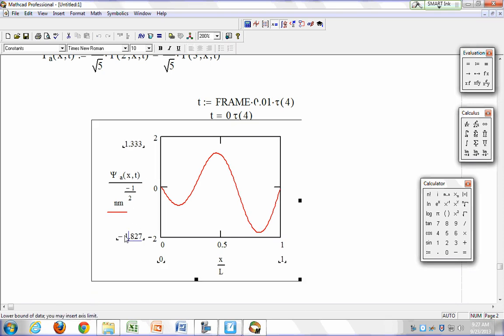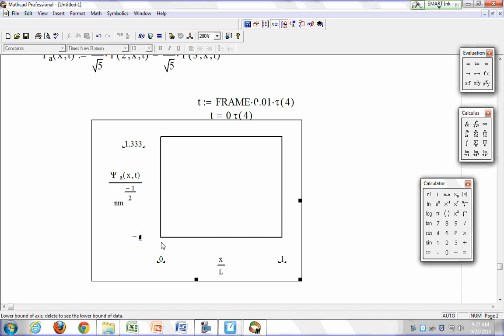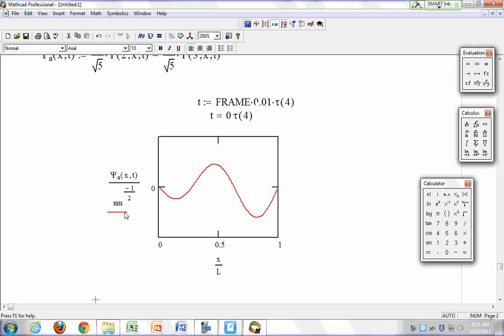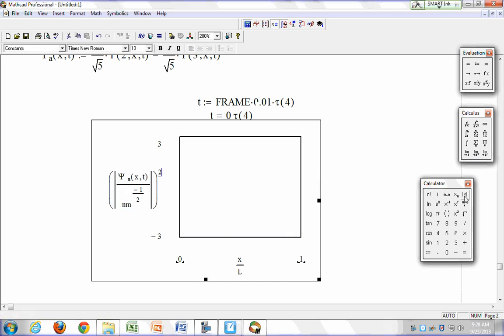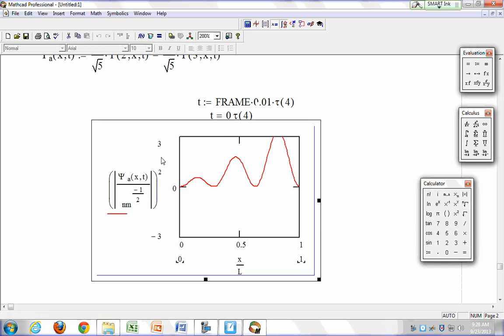And so I'm going to set my axes to go from, let's make this negative 3 to positive 3. So I'm going to do that for my psi. So I'm going to square that. So absolute value square. Okay, so that's my probability density function.